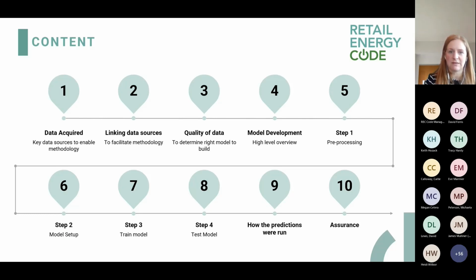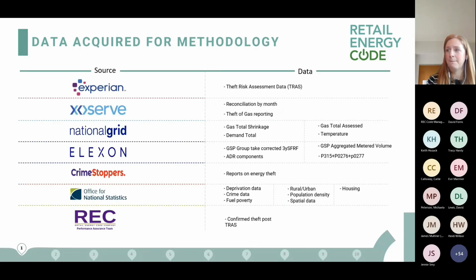We'll step through the data that we acquired, how we linked the data sources together, some more details about the quality of the data that we accessed, and then into the model development: the pre-processing around that, how we set up the model, and how we trained and tested it, and then how we applied that model to create the predictions, and a little bit more detail on the assurance level that we did, the validation at the end. So if we go on to the next slide, please.